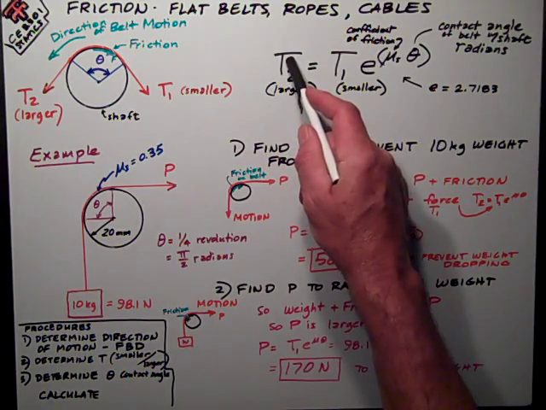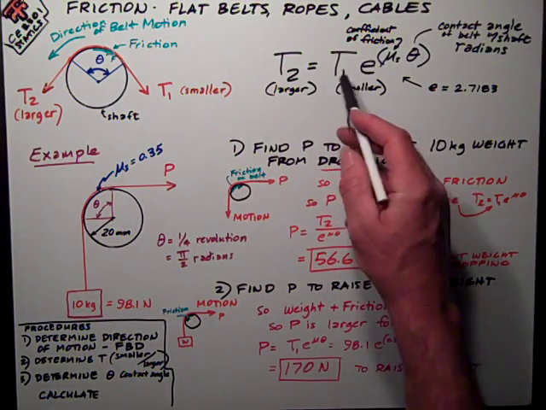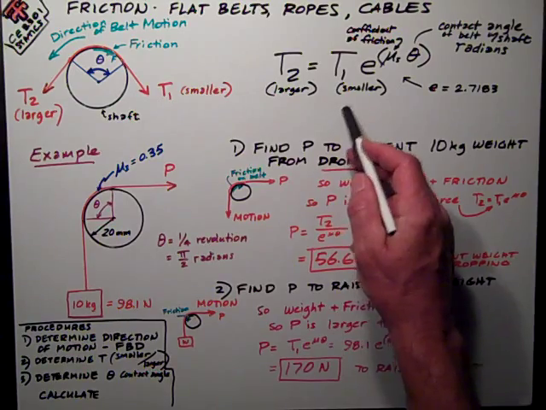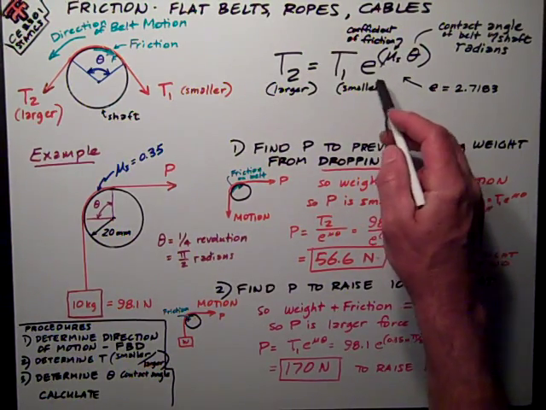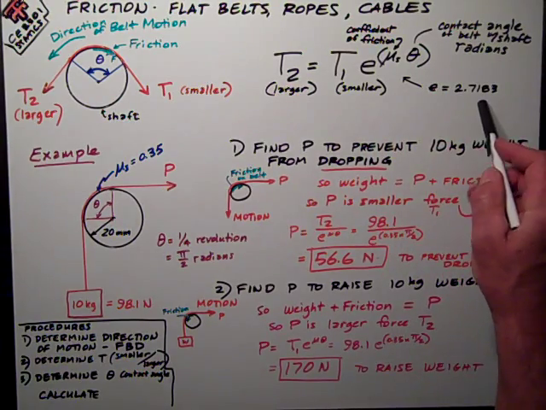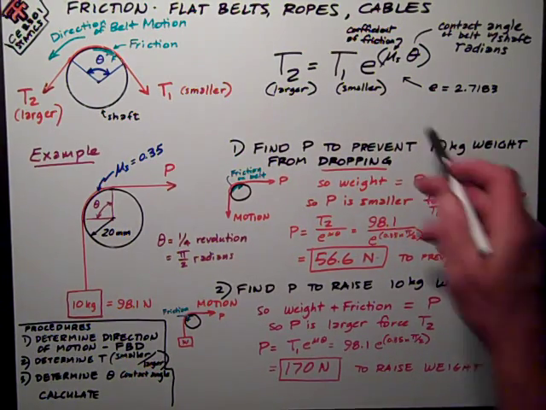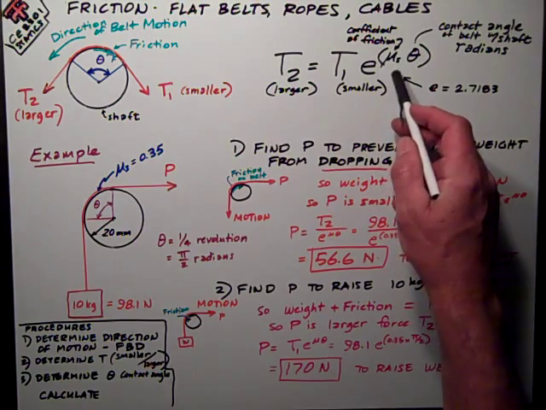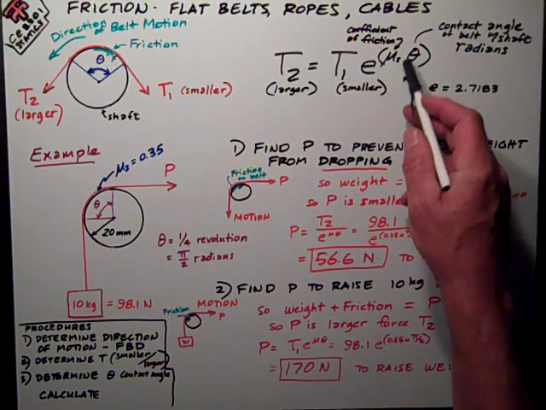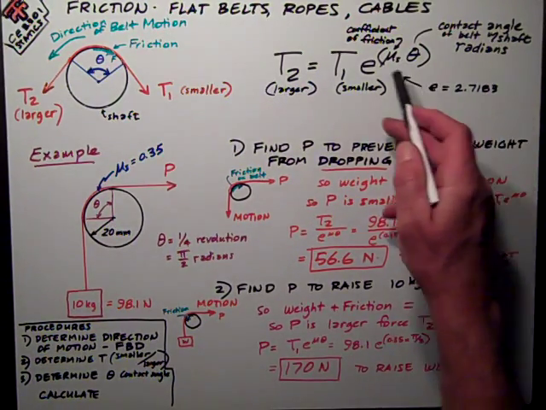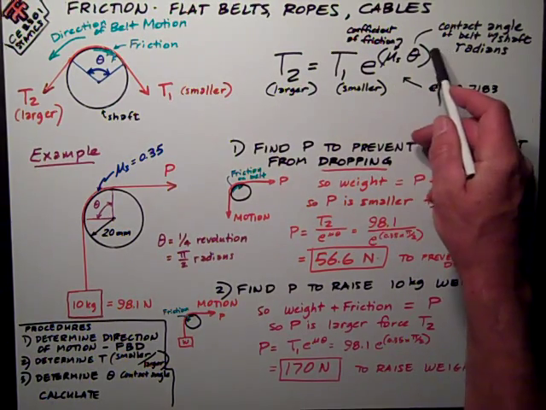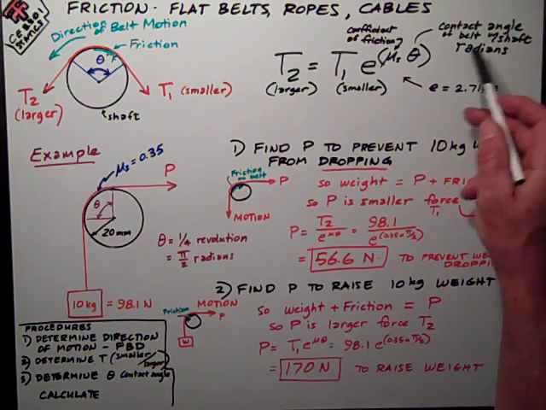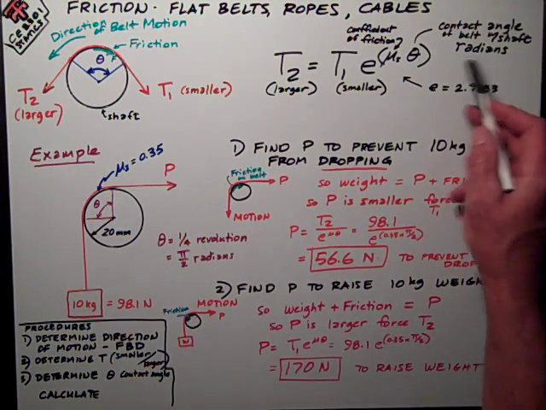T2, the larger force, is equal to T1, the smaller force, times this multiplier, e, which is that number 2.7183, continuing, to the mu sub s times theta power, where mu sub s is the coefficient of friction, theta is the contact angle of the belt with the shaft measured in radians.